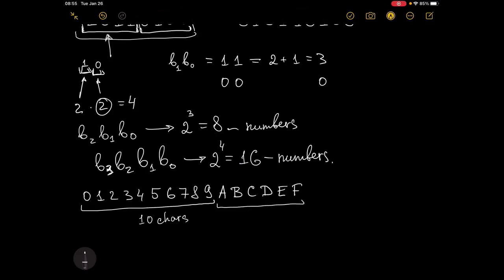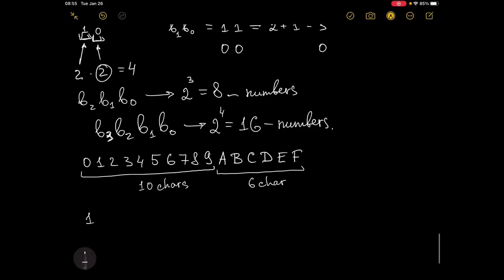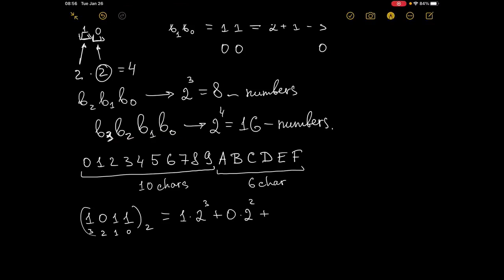And 6 more characters here. So, for example, 1, 0, 1, 1 in binary form, you can represent as 1 multiplied by, could you tell me, by what power? 2 to the third. 2 to the third plus 0 times 2 to the second, plus 1 times 2 to the first, and plus 1 times 2 to the 0.